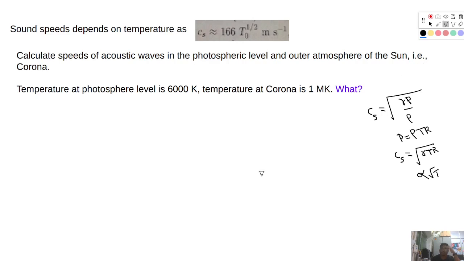Fine. Now you have to calculate the speeds of acoustic waves in the photospheric level and outer atmosphere of the sun. So first of all, what is the structure of the sun, right? We know the sun is the star which is giving us the light. What happens in the sun is it has a core which has high temperature, because there is nuclear fusion going on in which hydrogen is converted into helium.